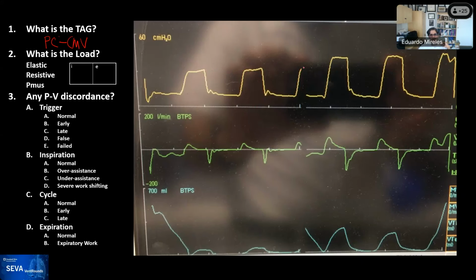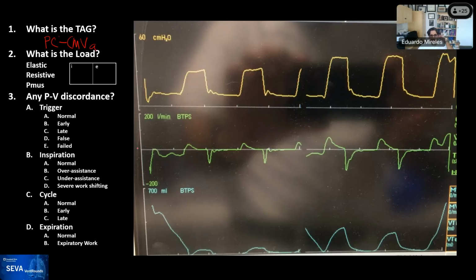The next one was about to be a little bit higher, but you see another three that happened before that were even higher than that in the same setting. So the machine is targeting the tidal volume, and it will adjust the pressure up or down to achieve an average tidal volume for that patient.